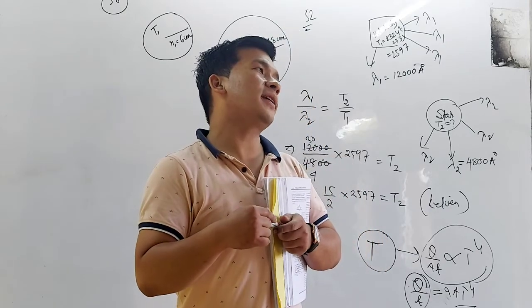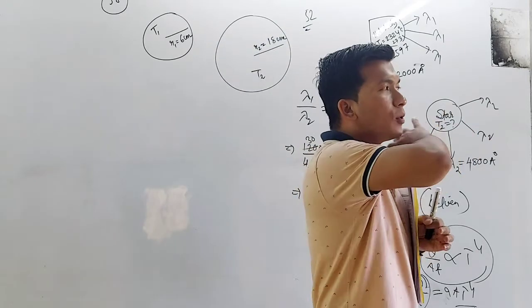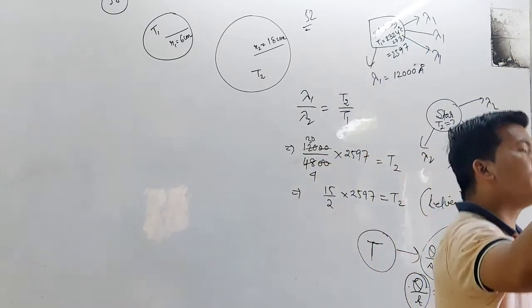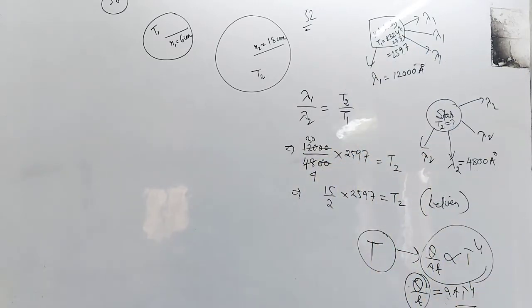Last time we have already discussed all three laws included in radiation. Energy is included only in Stephen's law. Wien's displacement law talks about only wavelength and temperature.